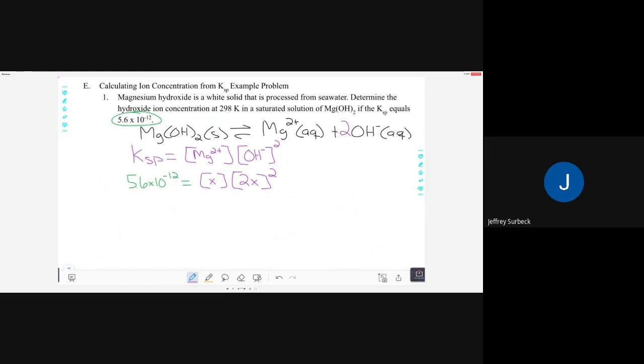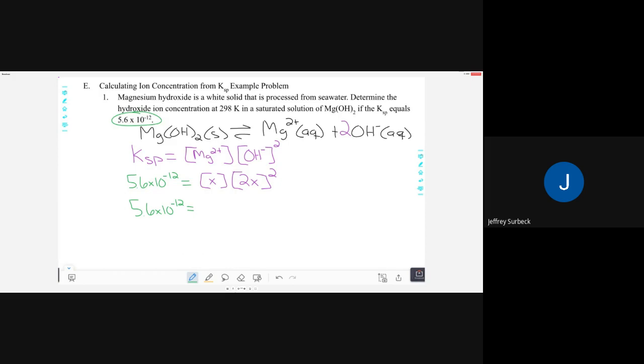So now we're going to consolidate this. We're going to say 5.6 times 10 to the negative 12. I'm going to blank that other x out. 2x squared. What's 2 squared? 2 squared is 4. 4x also gets squared, so we get 4x squared. Now, 4x squared, x squared times another x.